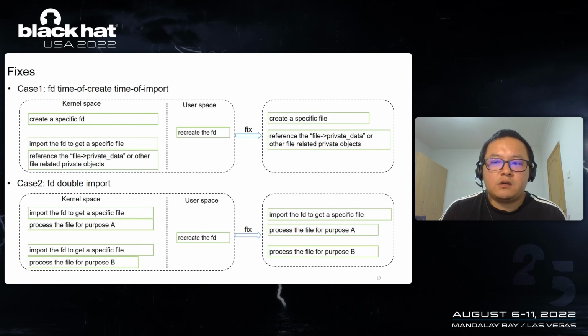The kernel should create a specific file object for direct use instead of creating an FD and importing it. The fix for FD double import is also obvious. The kernel should import the FD only once to get the file object, and all the following code should process this file object directly. Importing an FD many times is never a good idea.